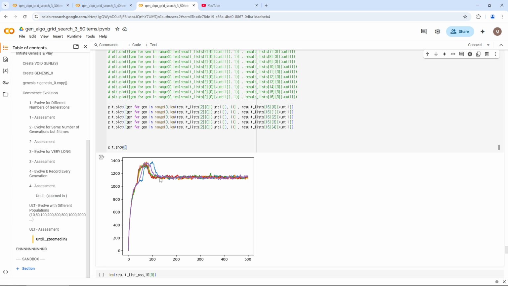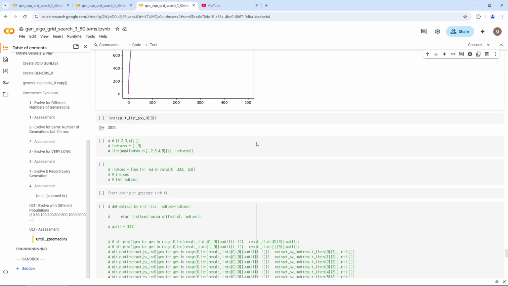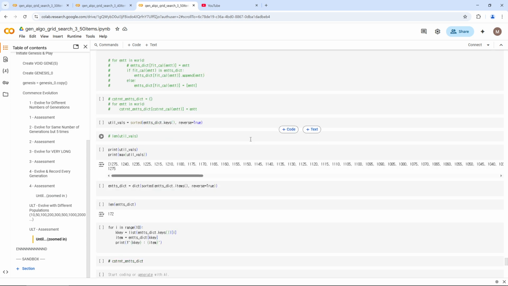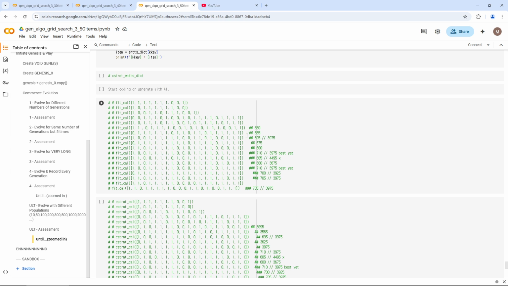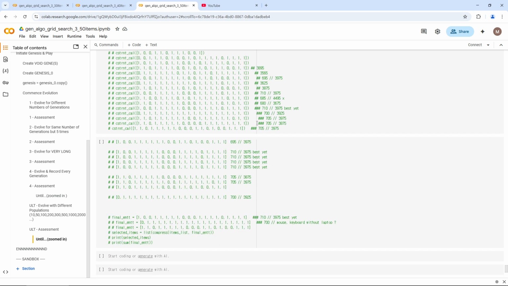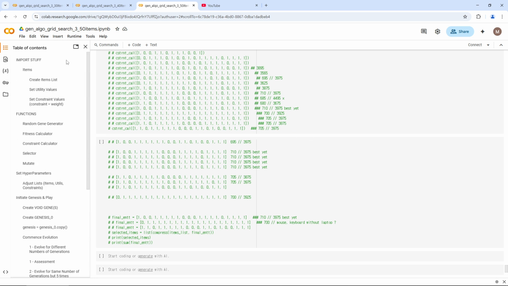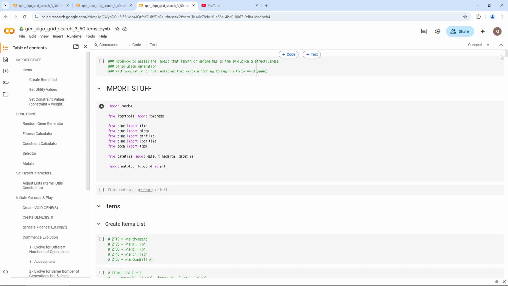So that's about 20% loss. 20% loss of information. So that's what the number of items or the length of genome does to generating entities.